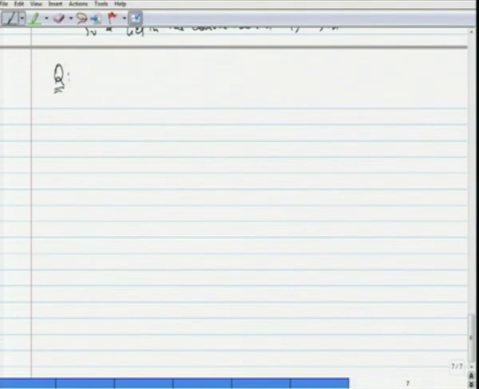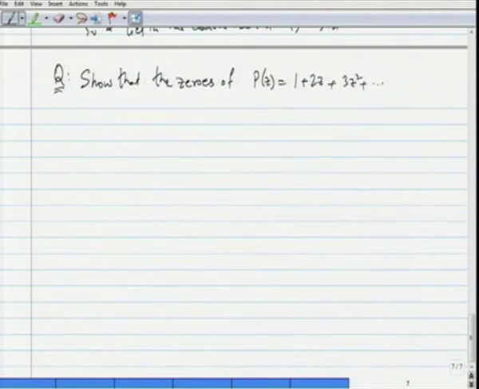So, the next question is as follows. Okay. So, this is an application of the Gauss-Lucas theorem. Show that the zeros of the polynomial p of z is equal to 1 plus 2z plus 3z squared plus so on until n z power n minus 1 lie inside the unit disk, B01 bar.